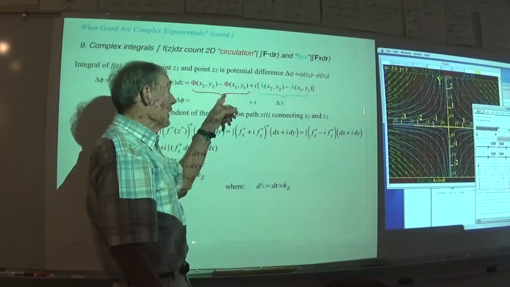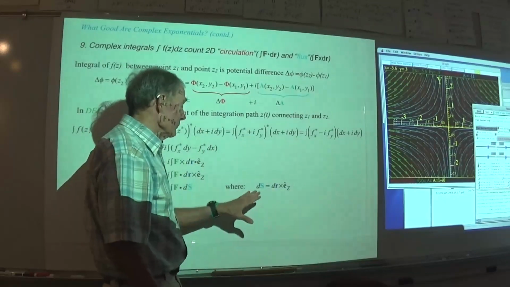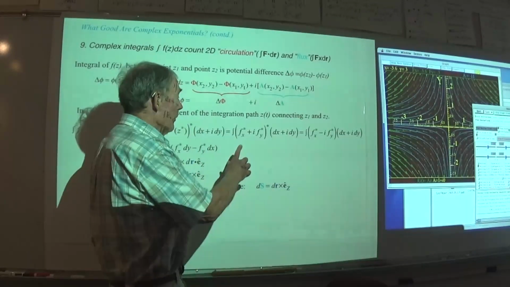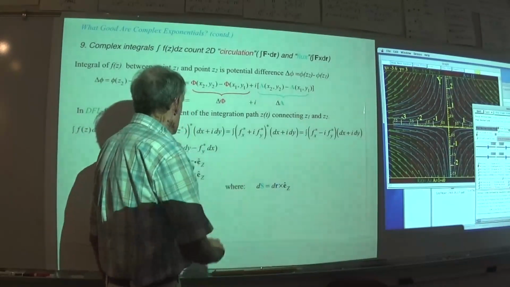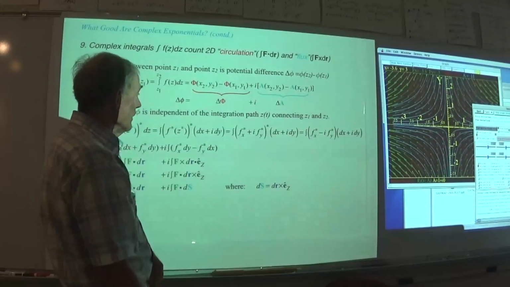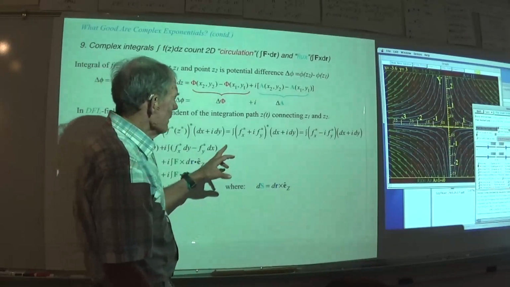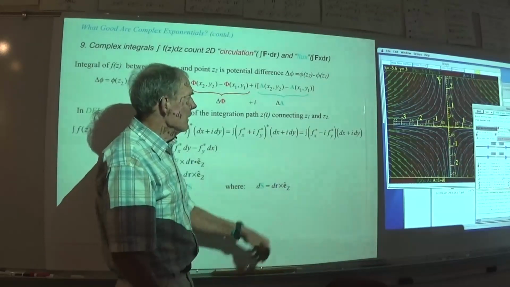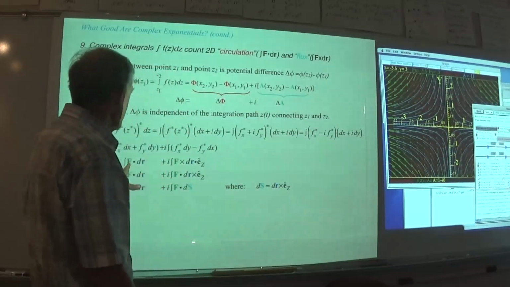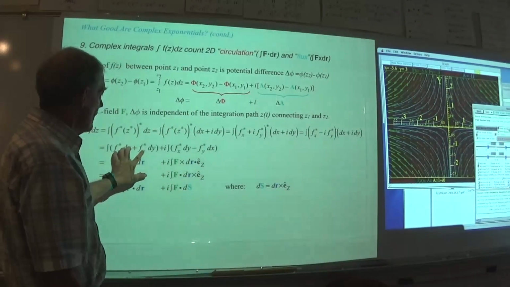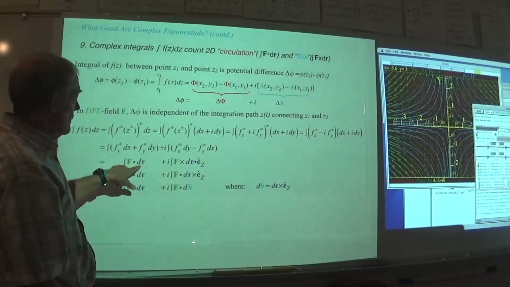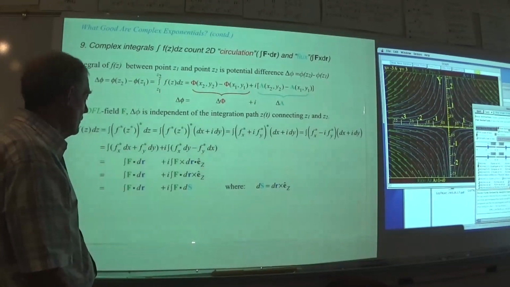But what is it that we're actually measuring with the integral? That's the thing we try to answer here. So after multiplying the things together, I get a real part that comes out to be a line integral, which we're fairly familiar with.